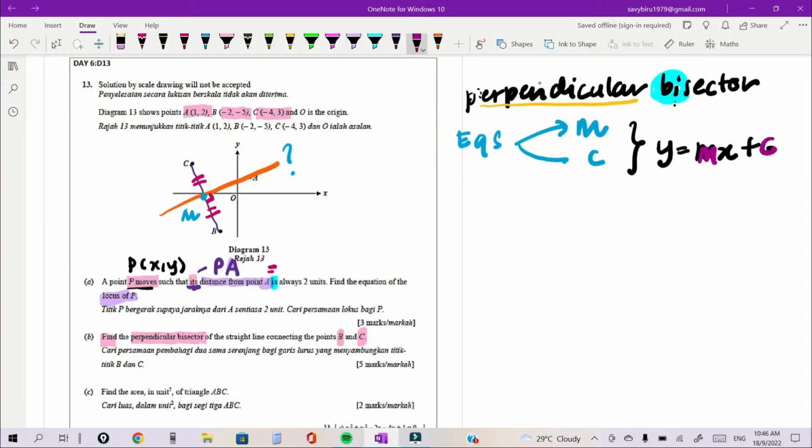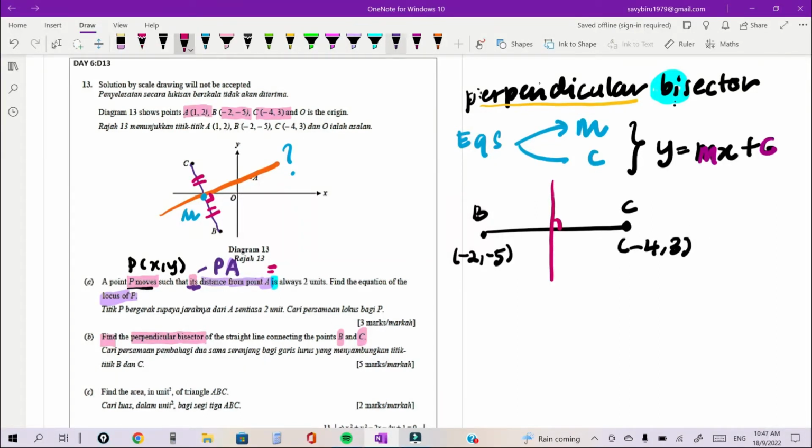Okay, and point B is given, that is negative 2, negative 5. Point C is given, that is negative 4, 3. Now you have a perpendicular line, and this line is the perpendicular bisector.